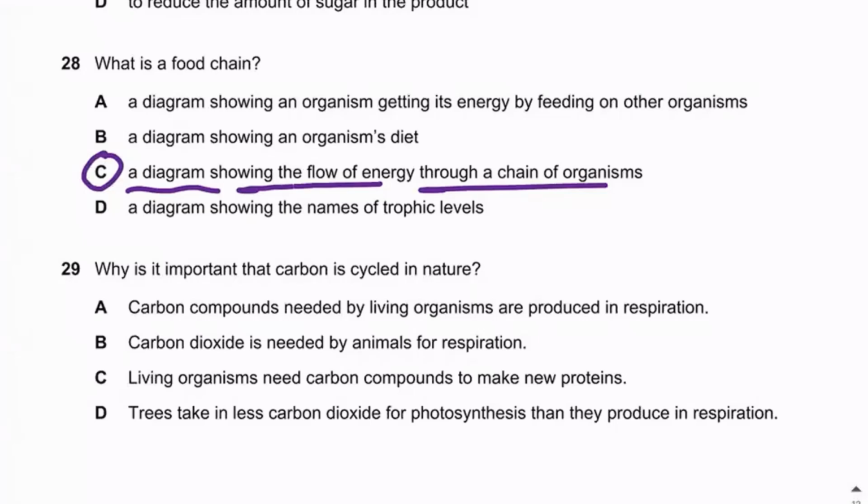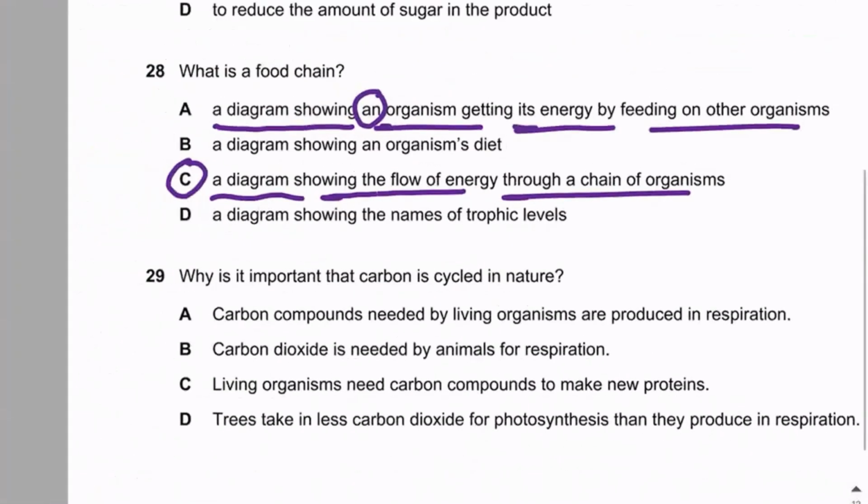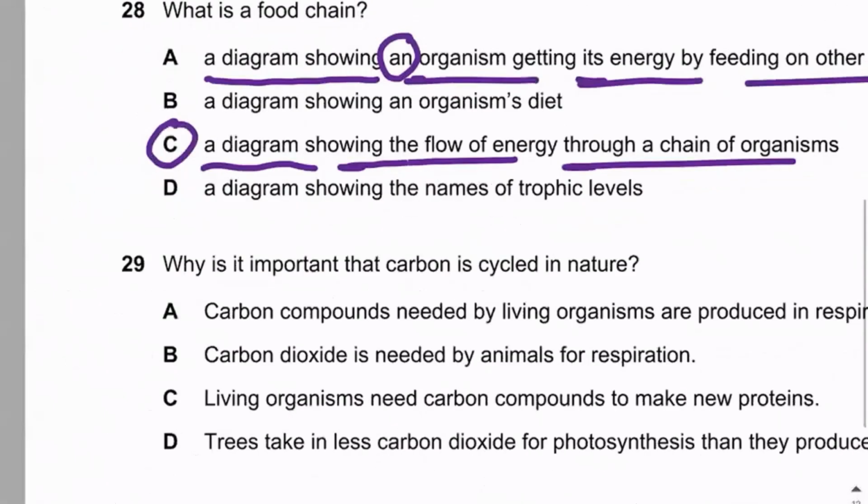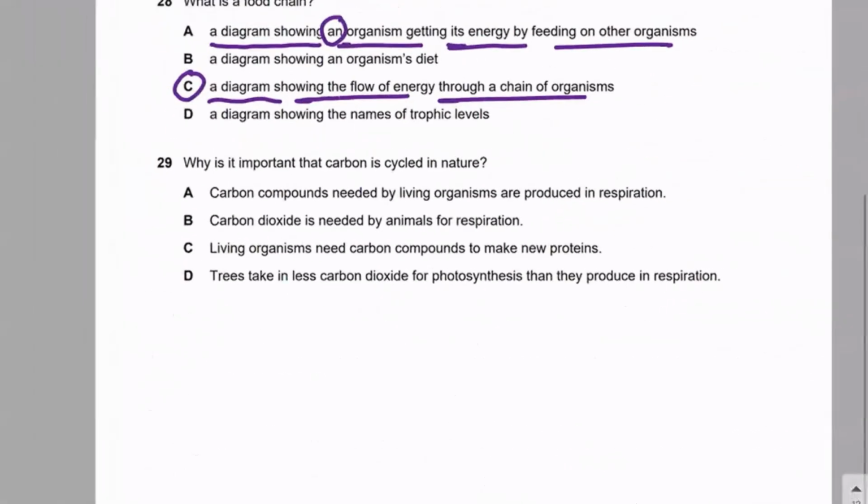It is misleading. A diagram showing an organism getting its energy by feeding on many other organisms? No. A food chain never shows one organism feeding on many. It shows a chain of organisms along which there is a flow of energy. So the option is C.